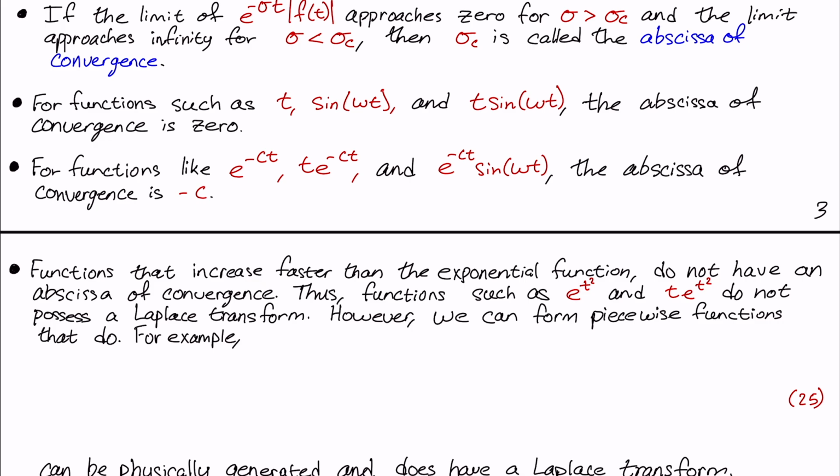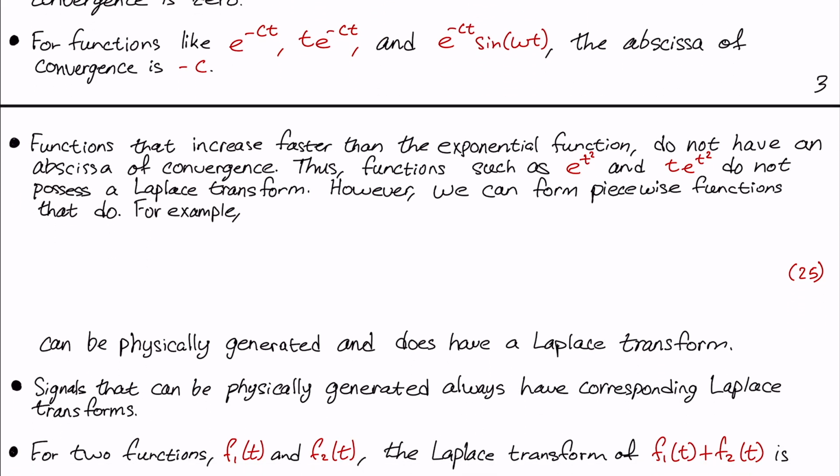However, there is kind of an exception to this, and that is if you define a piecewise function that has one of these functions for some limited duration, then you can compute the Laplace transform of that. So for example, if we define f of t as a piecewise function, let's say 0 for t less than 0, e to the t squared for 0 less than or equal to t, less than or equal to some big T, and big T here needs to be something that's less than infinity.